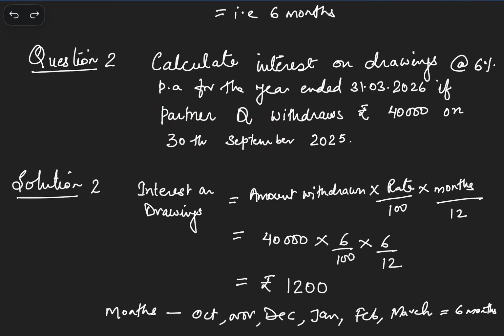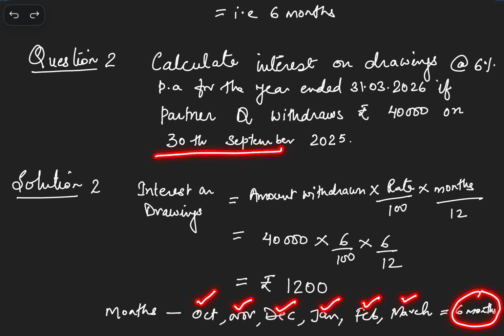So here the amount is withdrawn on 30th September. We will not take September, but we will start calculating from October, November, December, Jan, Feb and March. 6 months, right? Why are we not taking September? Because it is the last day of September, so we should not take the month of September at all, right?